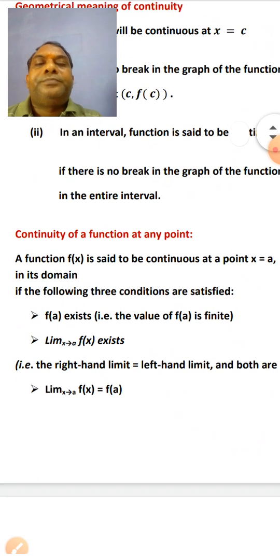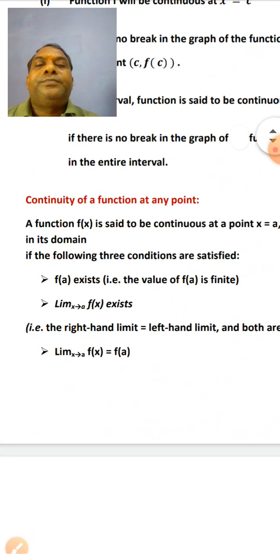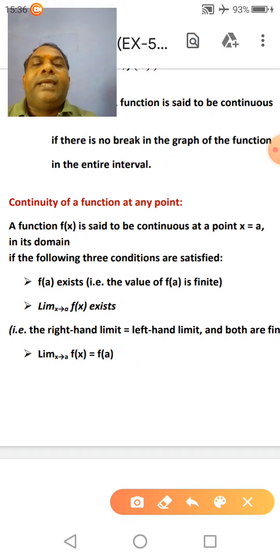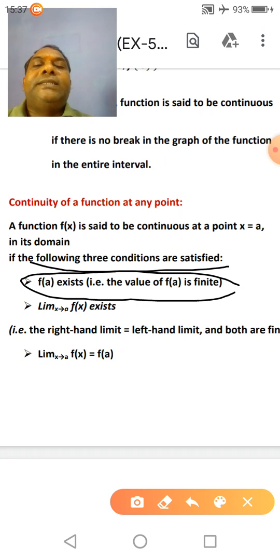Now, continuity of a function at any point. A function f(x) is said to be continuous at a point x is equal to a in its domain if the following three conditions are satisfied. First condition, f(a) exists.